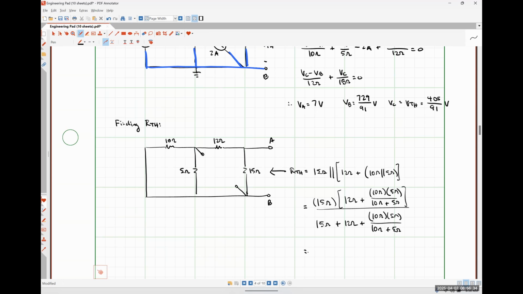And throwing that into my calculator, that would look like, let's see, 690 over 91, or 7.582 for those of you that want a decimal.